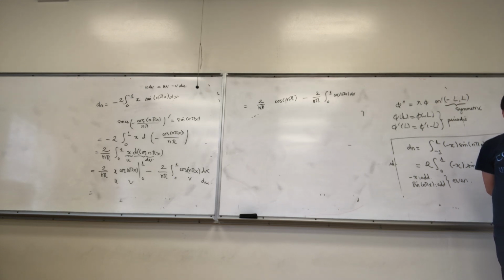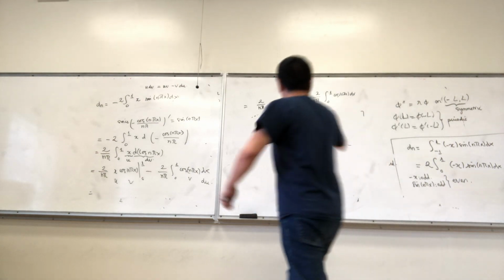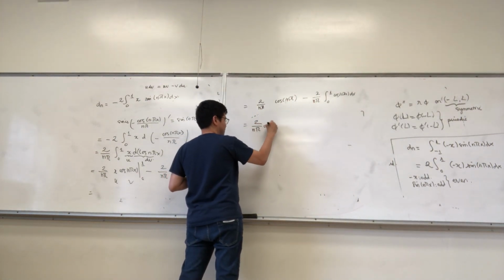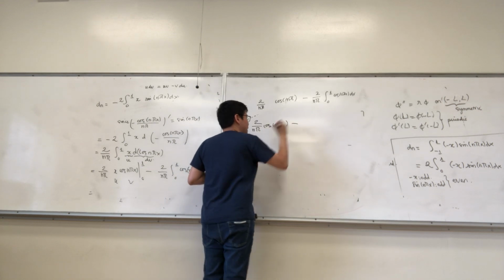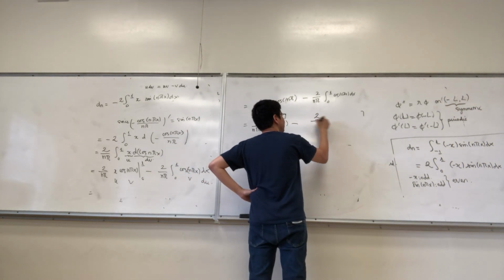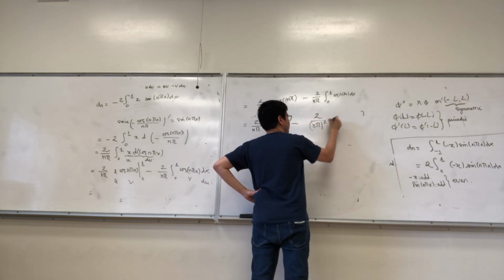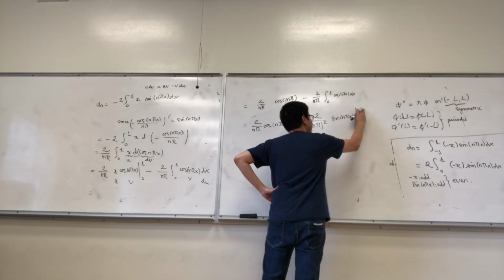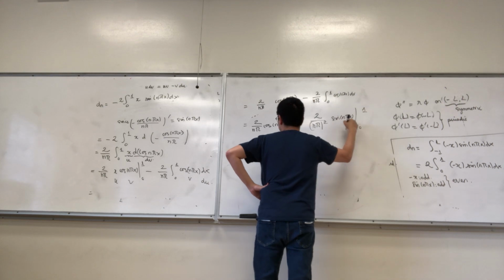Yes? It'd be 1 over n pi sine of n pi x. So I take the antiderivative of this, I get 2 over n pi cosine n pi, minus 2 over n pi squared times sine n pi x, and I evaluate at 0 and 1, because this is 0.